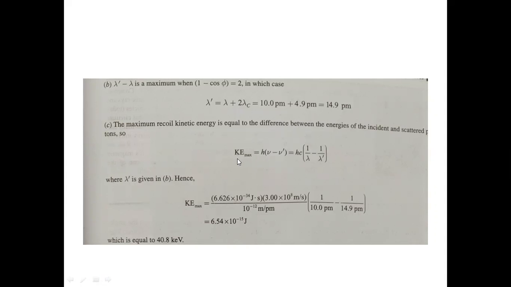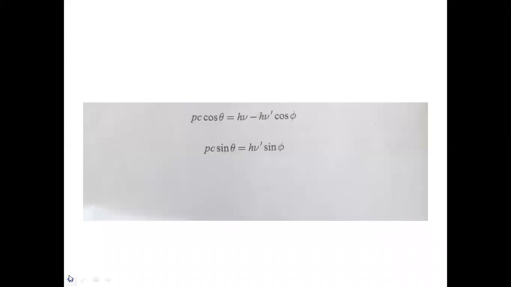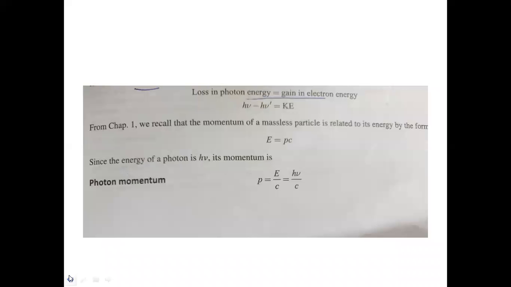So kinetic energy max equals h nu minus h nu dash. This came from the first equation, where we equated the energy of the photon and the gain in electron energy. Taking h common, it becomes nu minus nu dash.